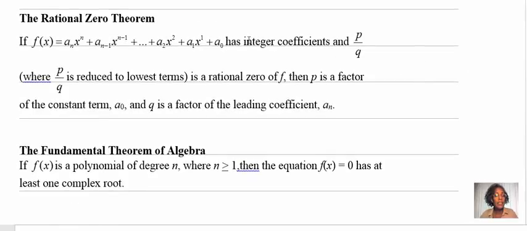And this theorem basically says, if my function is an nth degree polynomial that has integer coefficients and P over Q reduced to lowest terms is a rational zero of this polynomial function, then P has to be a factor of the constant term, which we call A sub 0, and Q has to be a factor of the leading coefficient, A sub n.